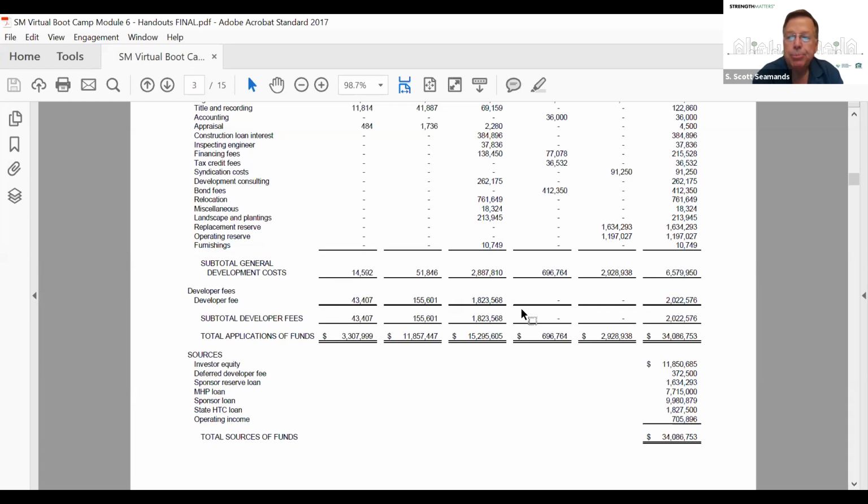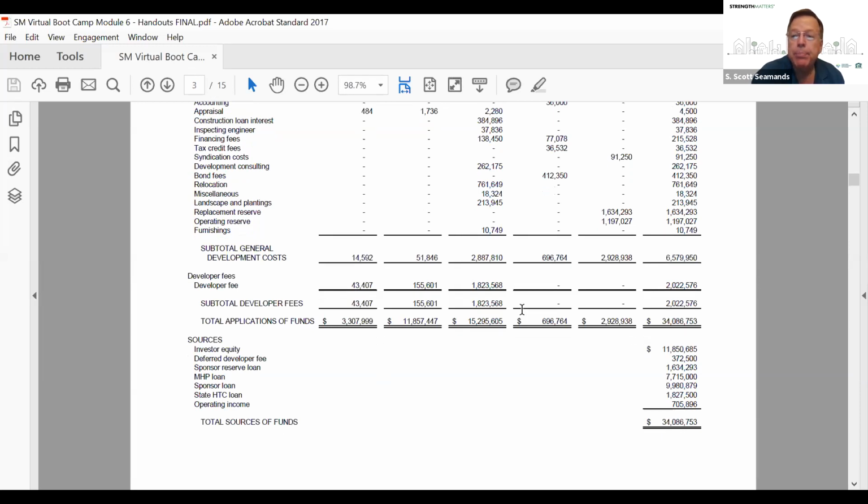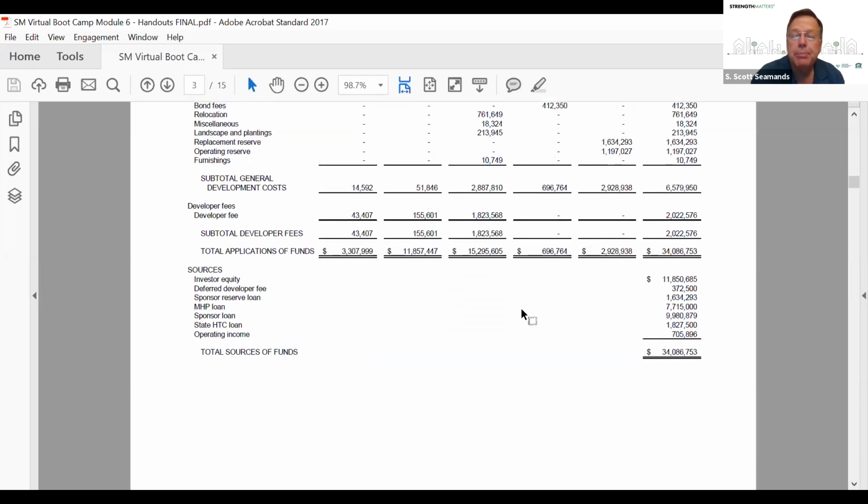So this little table proves to the state that every dollar of investor capital was actually needed to fund this building, because otherwise you would have had more development uses than you had sources, which means you would not have been able to pay the last cost of development because it didn't balance out. So that's a big purpose of the cost cert as well, is to make that point.